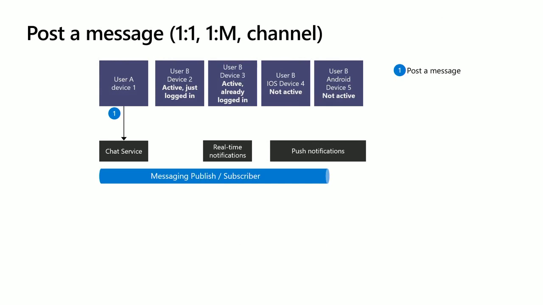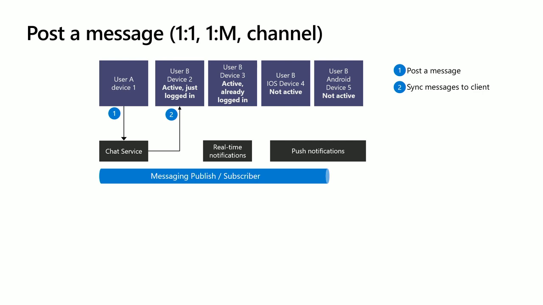So let's look in detail at what happens when you post a message. Here you see there's user A and user B, and we're going to walk through exactly what happens when they connect. User A on device 1 posts a message, so they talk to the chat service. User B just logged in, okay?